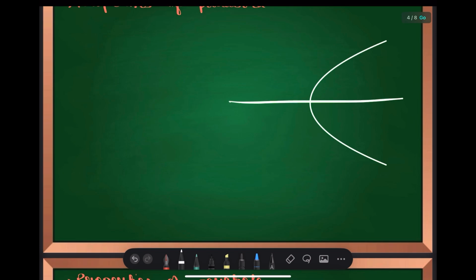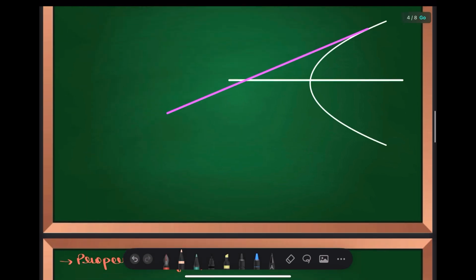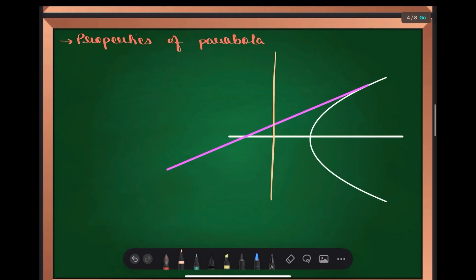Now look at this property. Suppose you have a parabola to which you have drawn a tangent at any point. Suppose this is the directrix, and this is the focus.